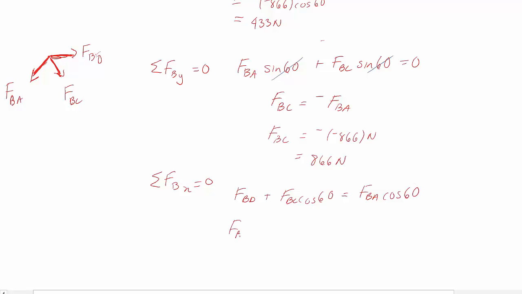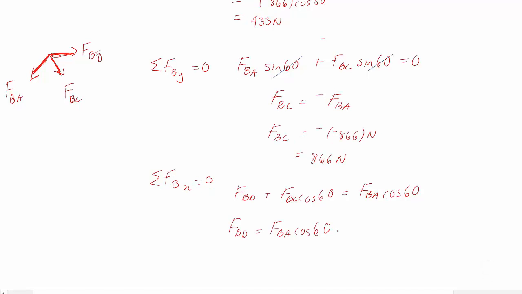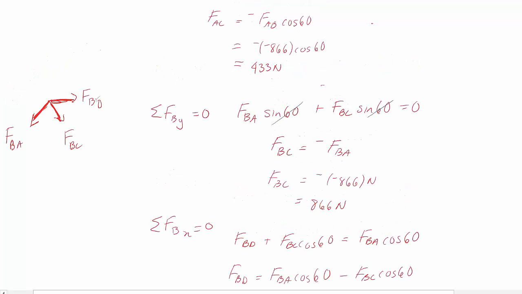So FBD is equal to FBA cos 60 minus FBC cos 60.